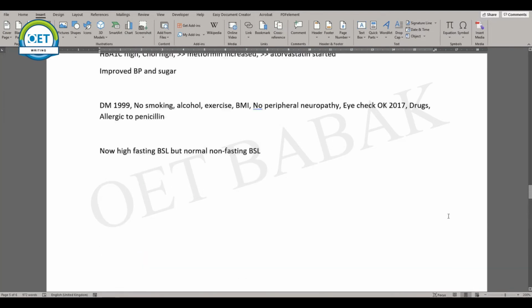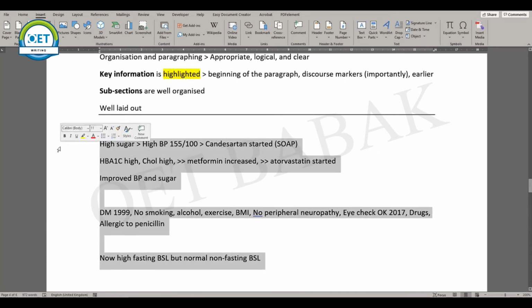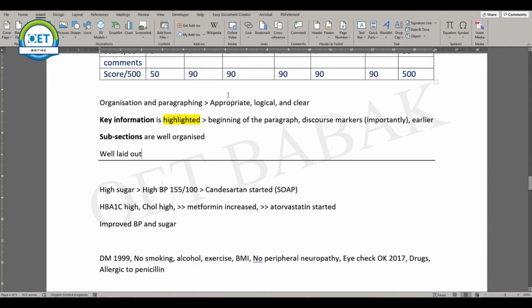So as you can see, it's very similar to what we did. You've picked up the information and summarized, but what you also needed to do was organization, which is important.